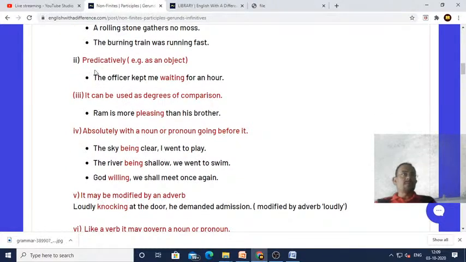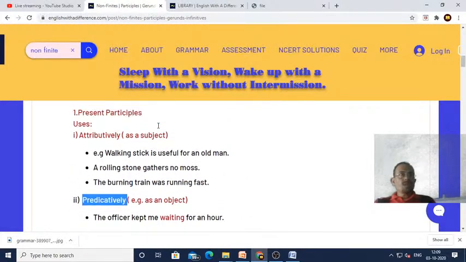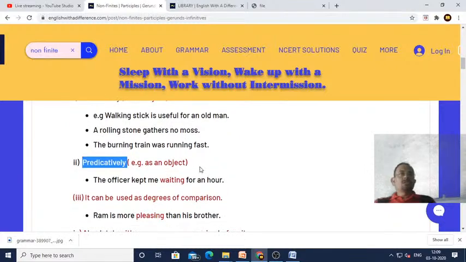Next is predicatively. Predicatively means what? Whenever it is used as an object. Object means something that goes after. It can go after a verb, it can go after a preposition, it can go after an object also. So predicatively means whenever ing goes after something. And attributively means whenever ing goes before a noun, it is the attributive use of the gerund.